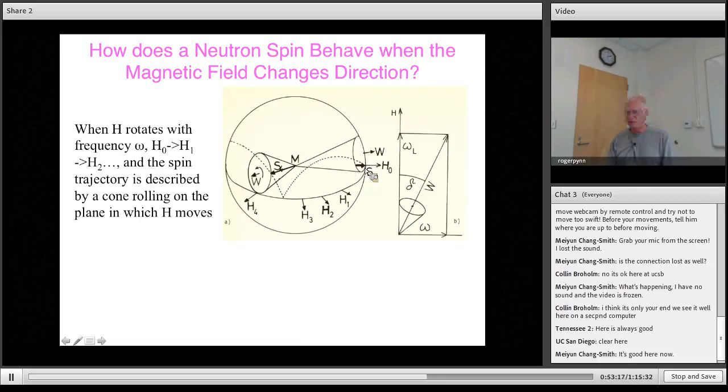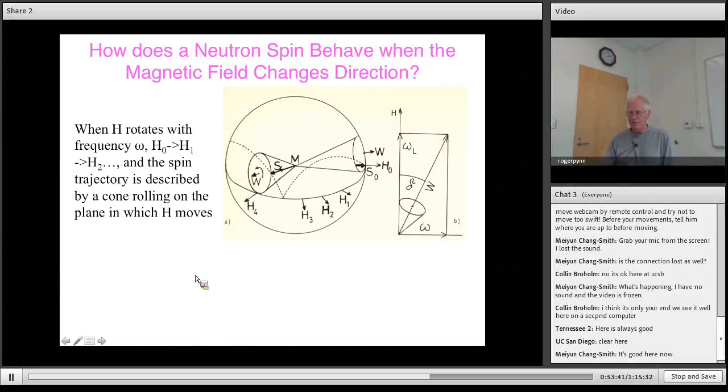The drawing of the line of the spin on the ice cream cone will map out a trajectory like this, the end point of the vector, as that cone unrolls on the equatorial plane of the Earth. And that's what the spin does as you try to move this magnetic field around.